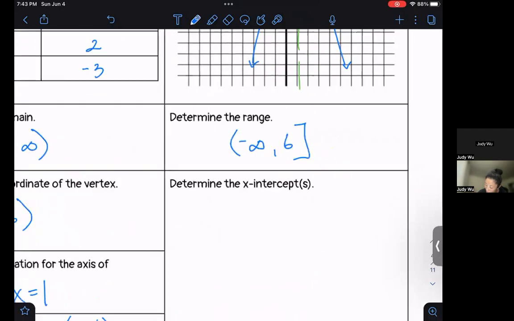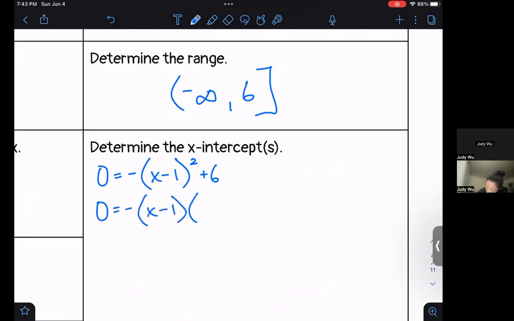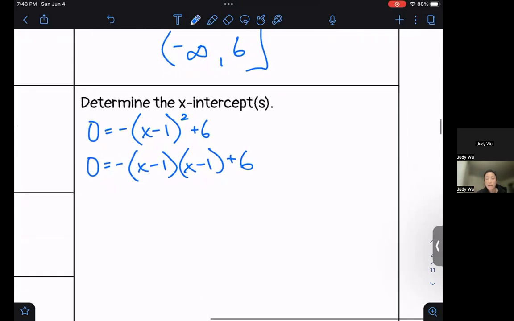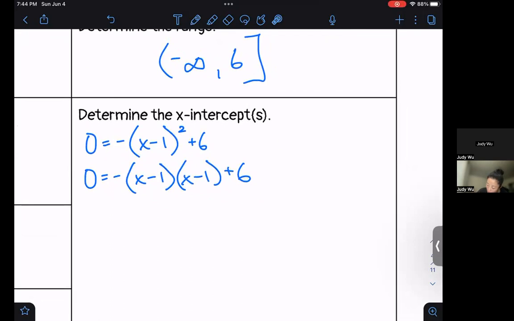So let's copy down that equation. 0 equals negative x minus 1 squared plus 6. 0 equals negative x minus 1 times x minus 1 plus 6. Now, I always get folks who ask me, should I take the negative and distribute that first, or should I FOIL first? My recommendation would be to FOIL first.